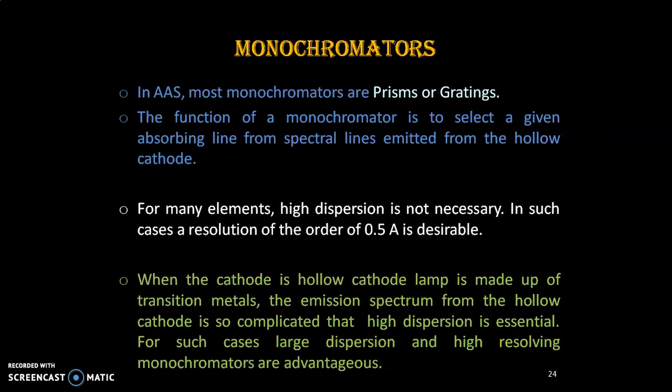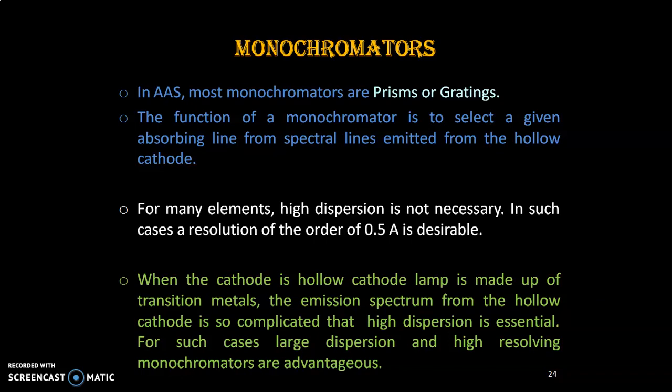Next is the monochromator. In atomic absorption spectroscopy, most monochromators are prism or grating. The function of the monochromator is to select a given absorbing line from the spectral lines emitted from the hollow cathode lamp. For many elements, higher dispersion is necessary.